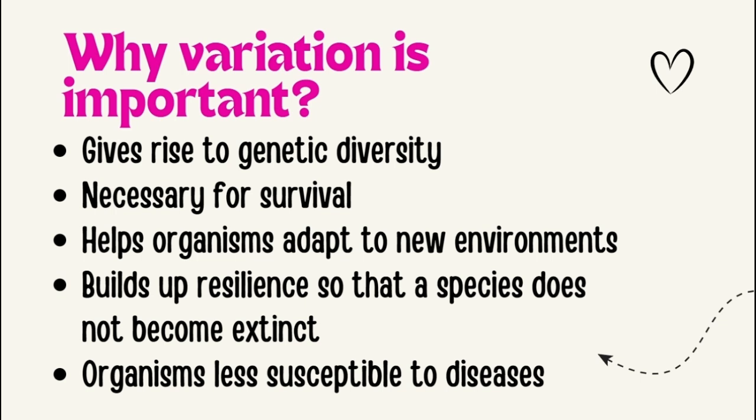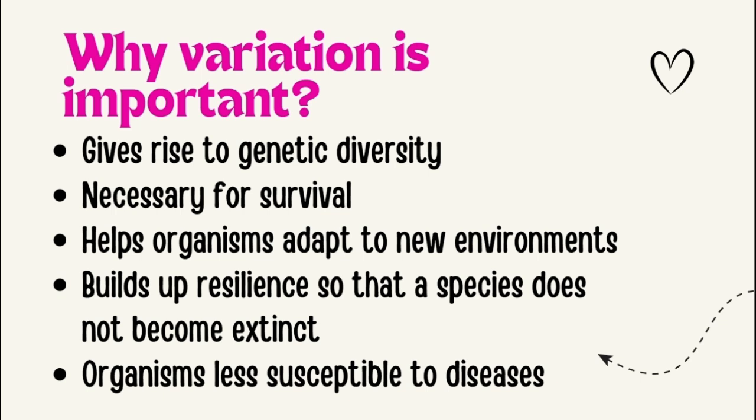With something like asexual reproduction, if we have a flower that reproduces asexually, it just creates a bunch of offspring just like that. Let's say the flower is susceptible to a particular disease, and it has 20 offspring exactly like it.